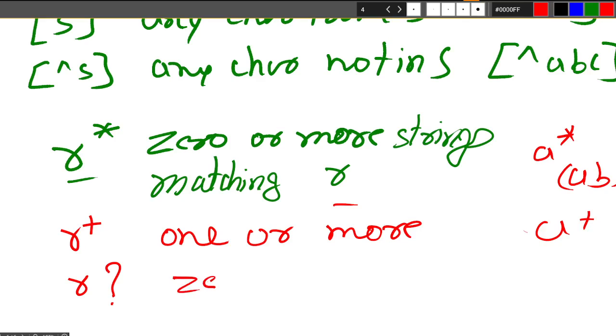Then it will give you either 0 or 1 occurrence of R. Suppose you are writing A question mark, then you will have this regular expression R either 0 times or 1 time only. So here we are learning how to specify a pattern of our choice.